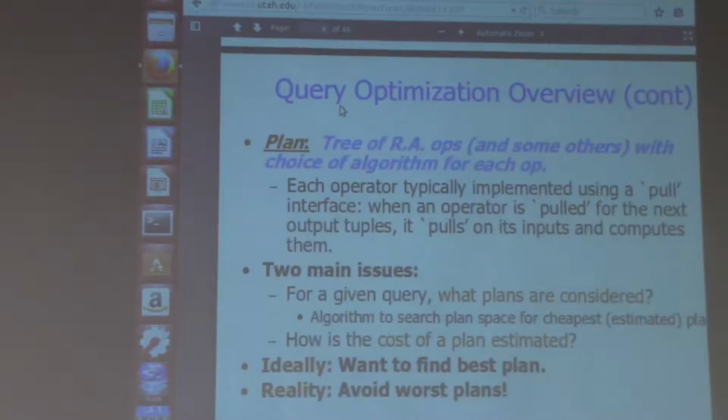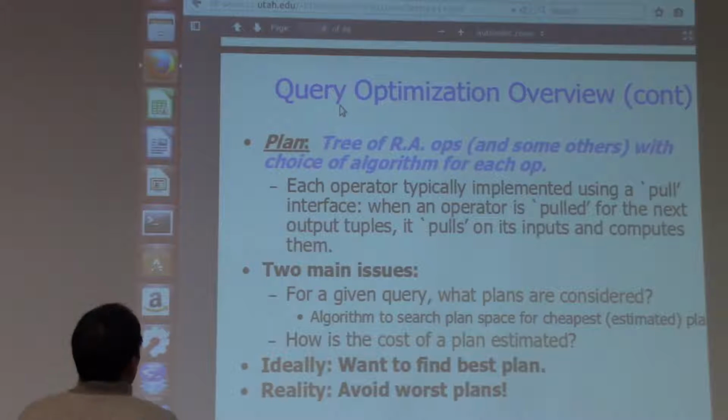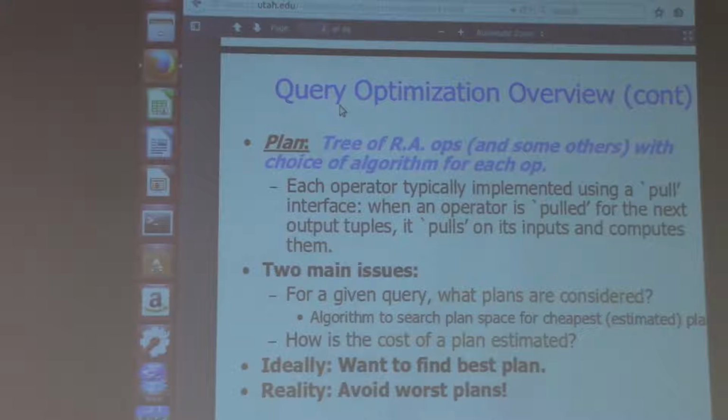So the query optimizer overview is as follows. The input to the query optimizer is not an SQL statement, by the way. The input to the query optimizer is a relational algebra expression, because you should have a parser that has done the job of converting your input SQL query to a relational algebra representation. So you have a tree of relational algebra operators, along with a choice of algorithm for each operator.